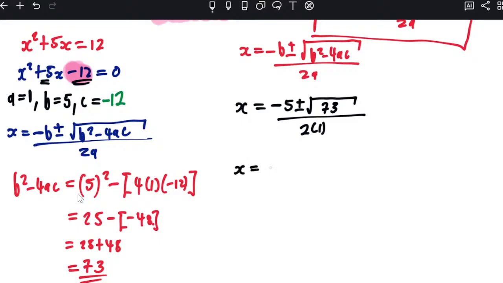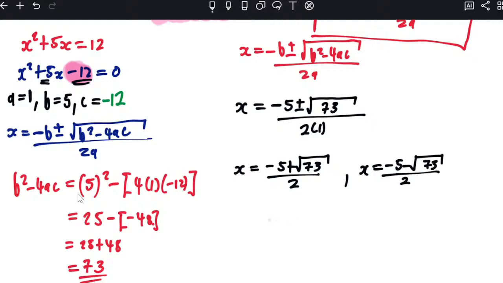x is equal to minus 5 plus or minus root 73 over 2. What are the solutions? Here you get your two solutions and you're done.